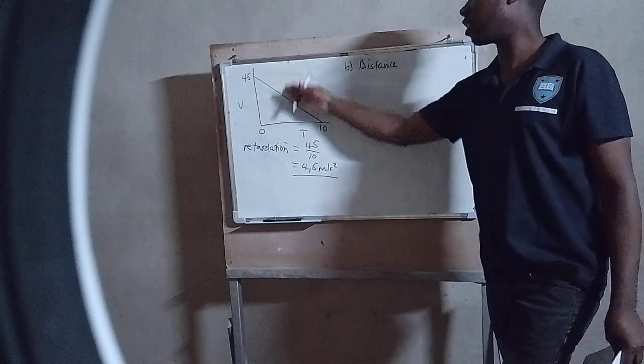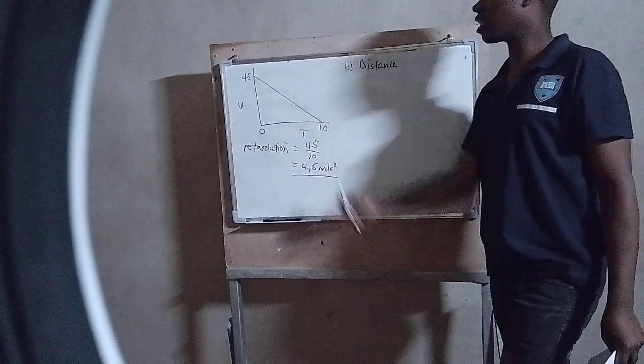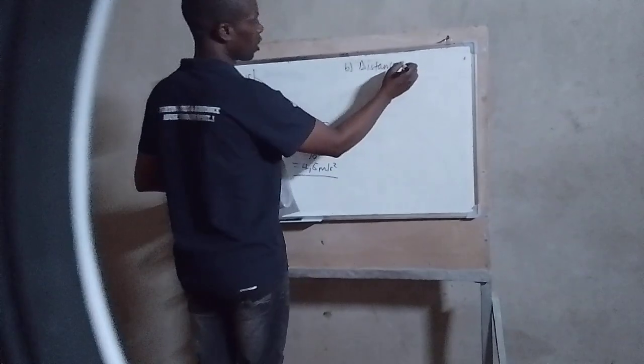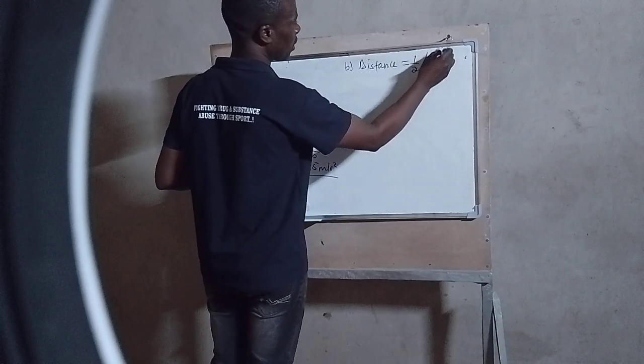So we consider the shape of our graph. This is a triangle. So to calculate distance traveled, we simply calculate the area of a triangle, which is half base times what? Times height.